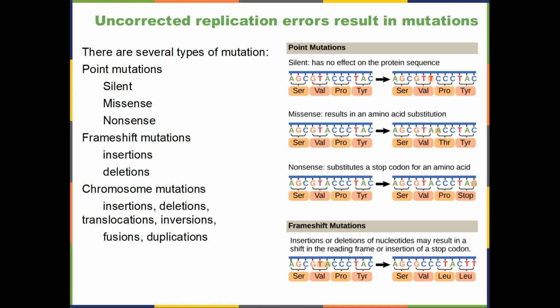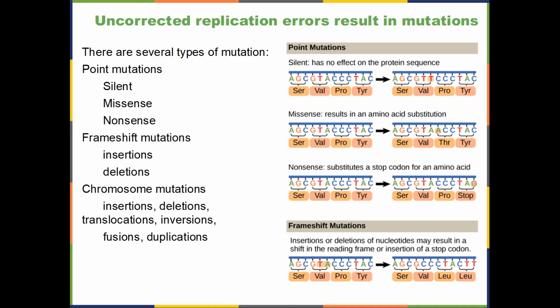So essentially this happens when there is a change in the nucleotide sequence, but it actually doesn't affect the amino acid sequence that's generated by that one. So it has no real effect.